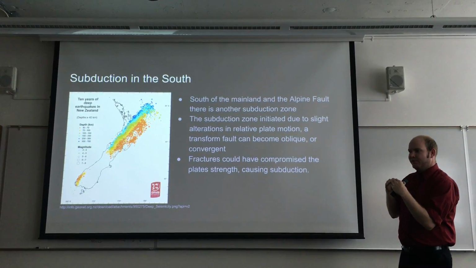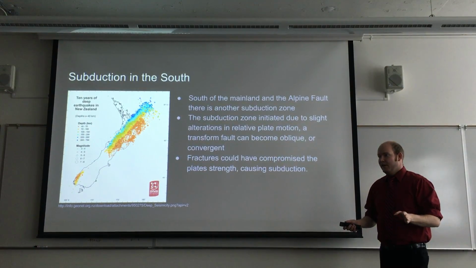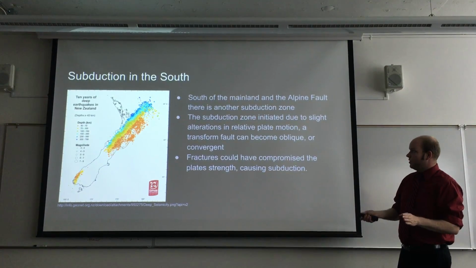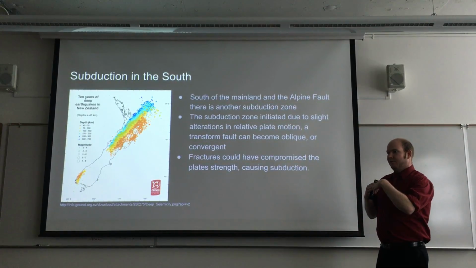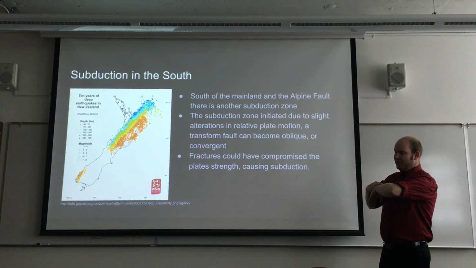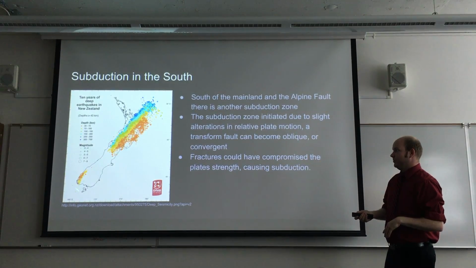And as they were having this convergence, fracturing began to appear along both the plates. And we believe that the fractures that appeared on the Australian plate weakened it enough so that the Australian plate buckled and then began subduction underneath the Pacific plate in the south, and that's why we have two opposing subduction zones.